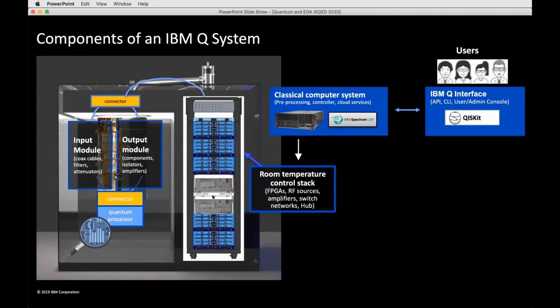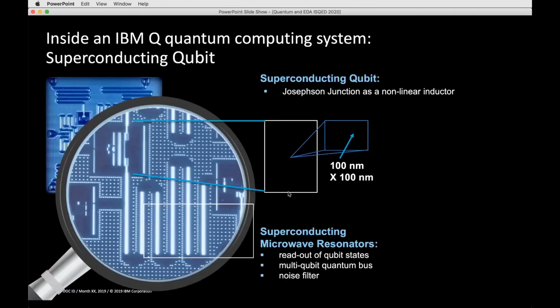So let's look a little bit closer at the chip. IBM implements our qubit chips with Josephson junctions as nonlinear inductors that do the qubit computations. And then we use microwave resonators for a couple of purposes.